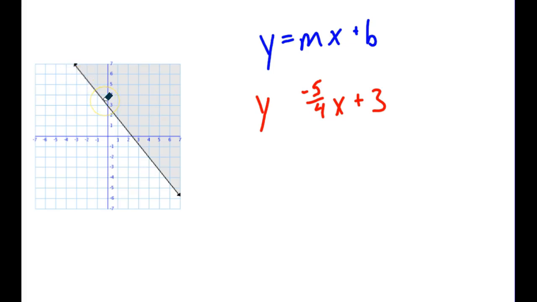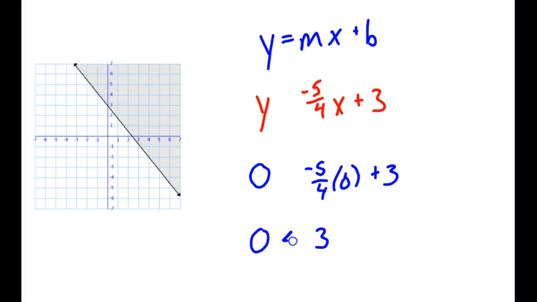This time our line is solid, which means it's either going to be greater than or equal to or less than or equal to in the end. So if we plug in 0, we have 0 compared to -5/4 times 0 plus 3. And if we simplify, we have 0 compared to +3. Well, we know 0 is less than or equal to 3.